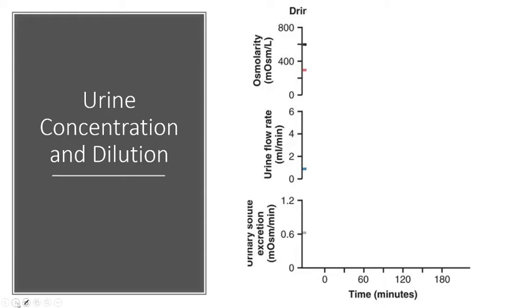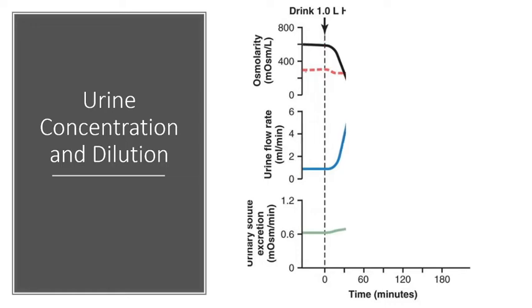Let's get this working. There we are. You can see someone drinks water at this point here. The plasma osmolality, which is the red line, is quite tightly controlled and drops a little bit, but the urine flow rate goes up because you've got this excessive fluid, and the osmolarity drops.